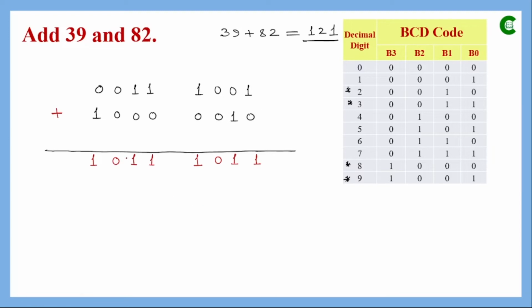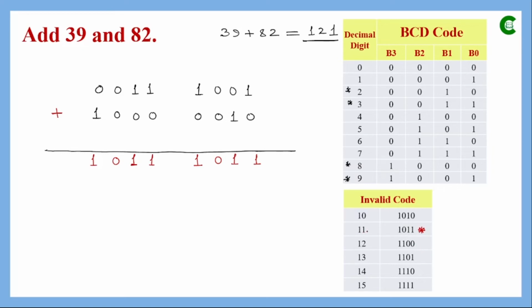Now we have to see whether the result of addition that we have performed digit-wise is valid. These two values, 1011, both the values are the same here. Now we have to see whether these values are within the valid range or not. So next we will see the invalid codes. 1011 is an invalid number in BCD, and if it is invalid, what do we have to do?